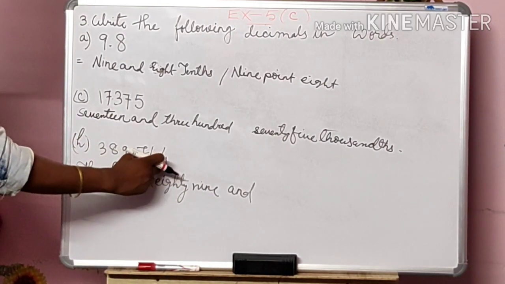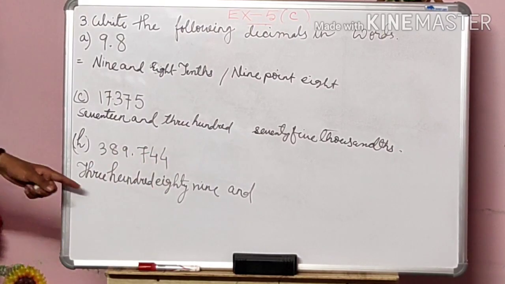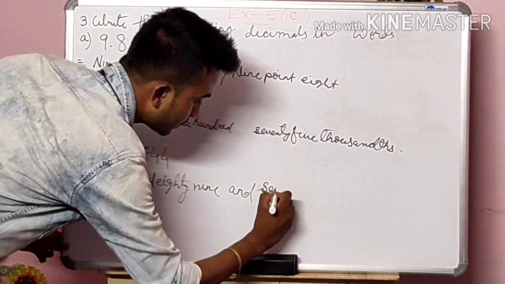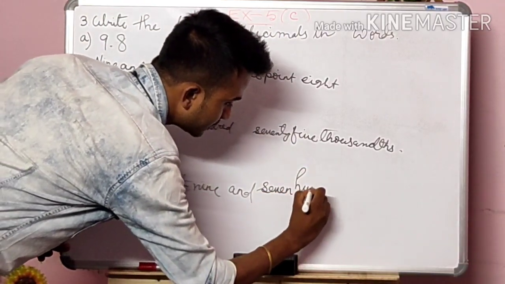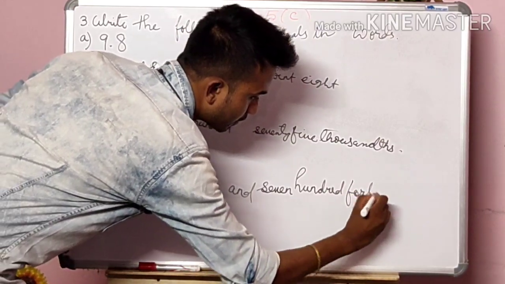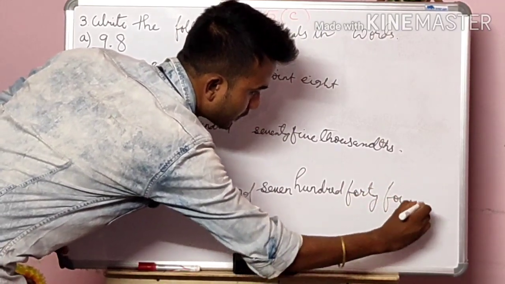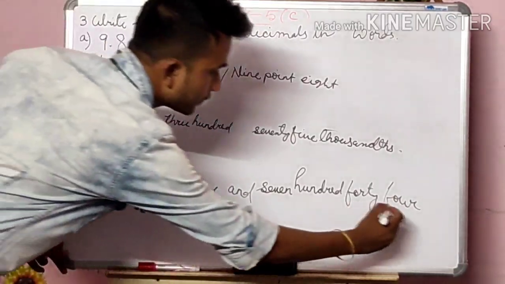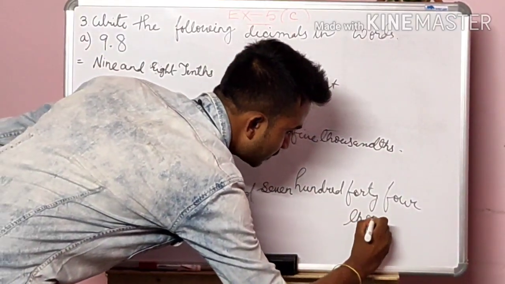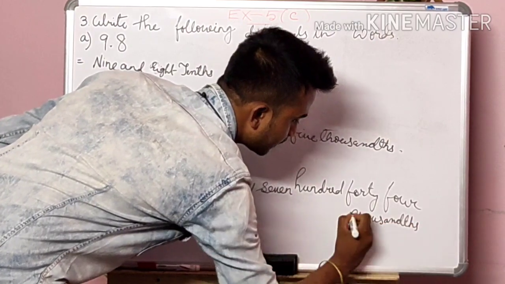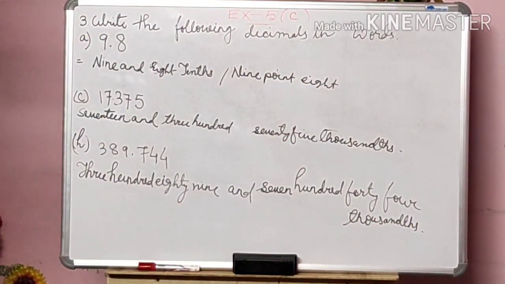Tenths, hundredths and thousandths. So what we have to do? 389 and 744 thousandths. Thousandths, this is very important. Got it? So I think you have got the idea of this question.